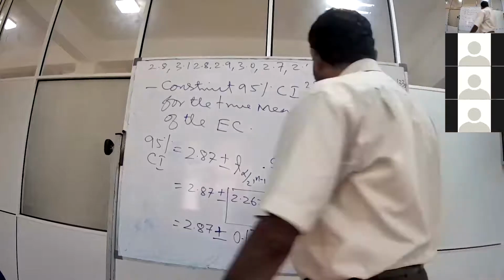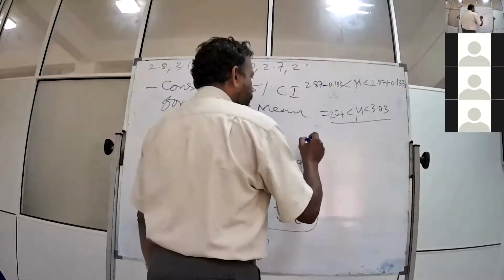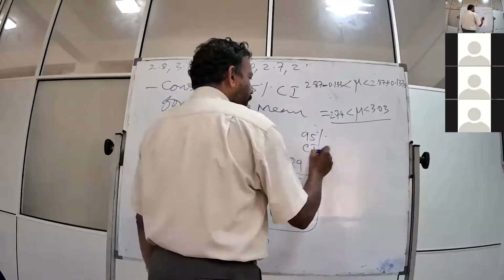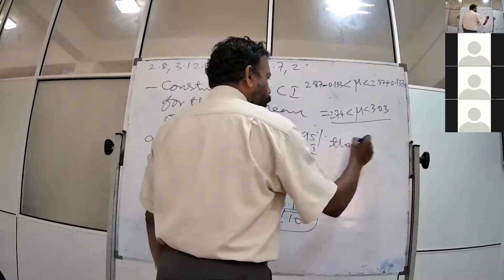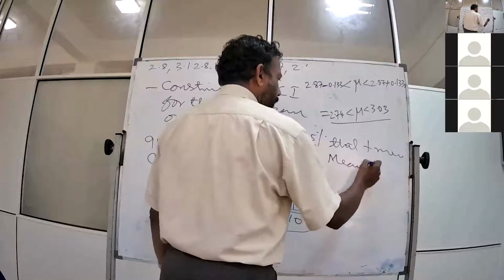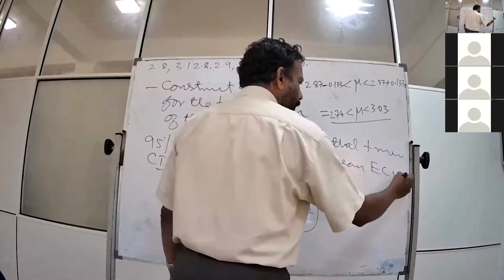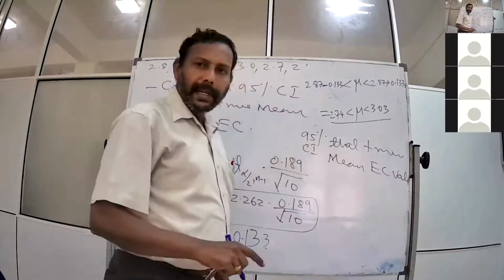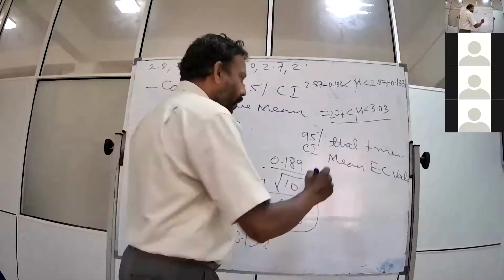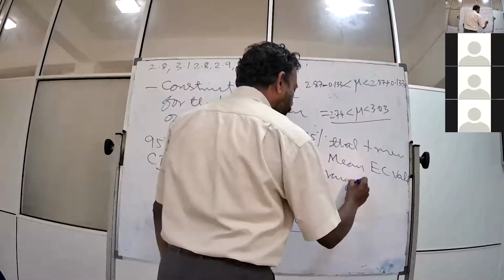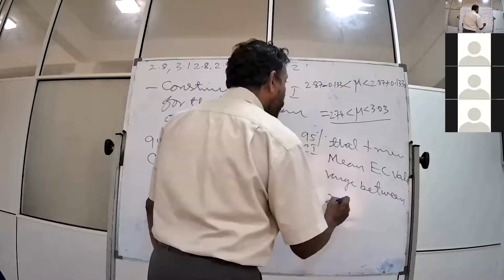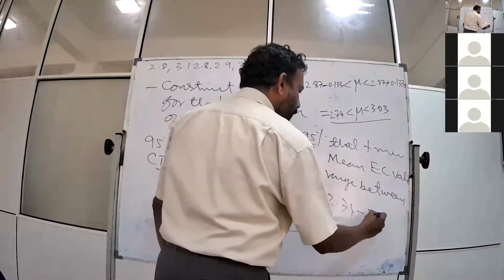We can say you are 95% confident. The answer is that you are 95% confident that the true mean EC value ranges between 2.74 to 3.0.